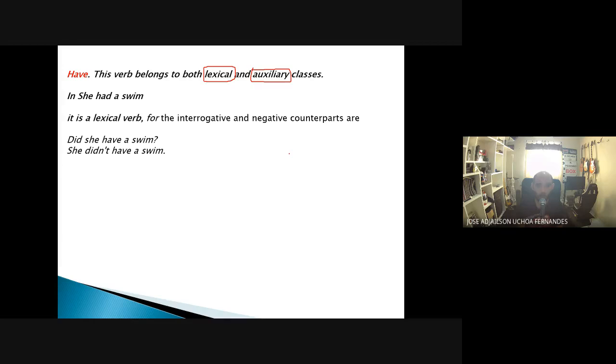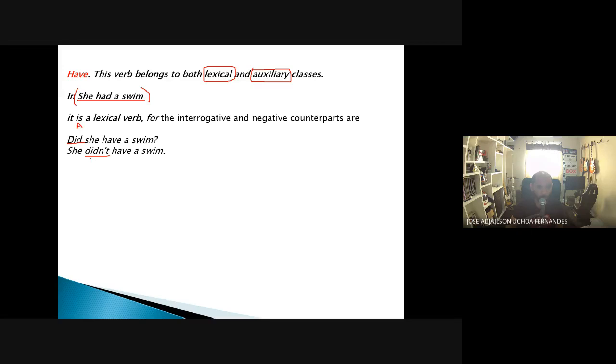Take a look at this sentence. She had a swim. Consider just this. In she had a swim, it is a lexical verb. Why? The interrogative and negative counterparts are, did she have a swim? She didn't have a swim. So the real auxiliary verb here is do.